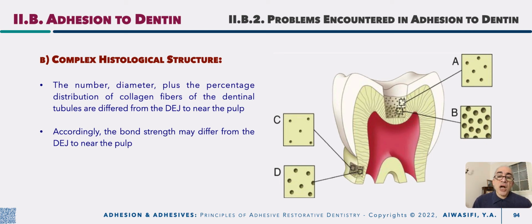Accordingly, how could you design a bonding concept with 20 thousand dentinal tubules, or with 45 thousand dentinal tubules near the pulp? Their diameter, orientation, number, and percentage of distribution vary from the dentino-enamel junction up to the pulp.